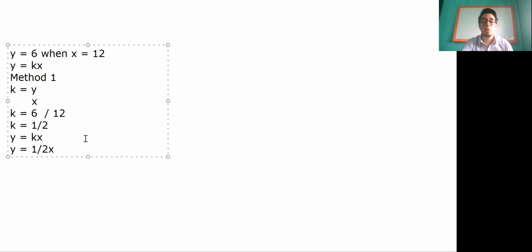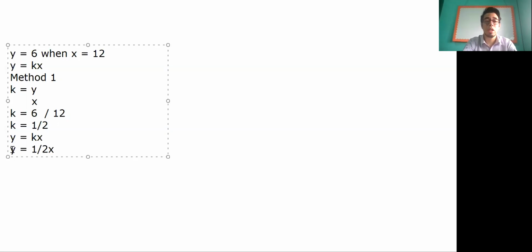Finding the equation is going to help you if they give you another value. For example, what is going to be the value of y when x is 30, when x is 27, when x is 50, okay? Having the equation, you can find any value you want. If they give you the value of x, you can find any value of y you want.